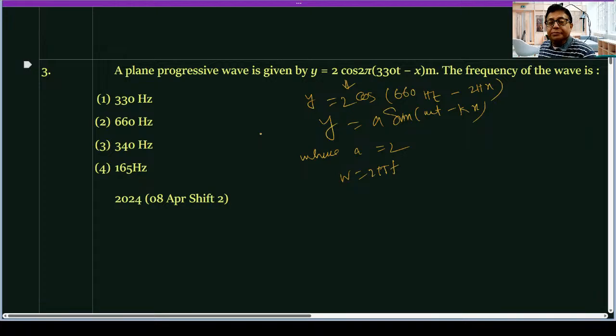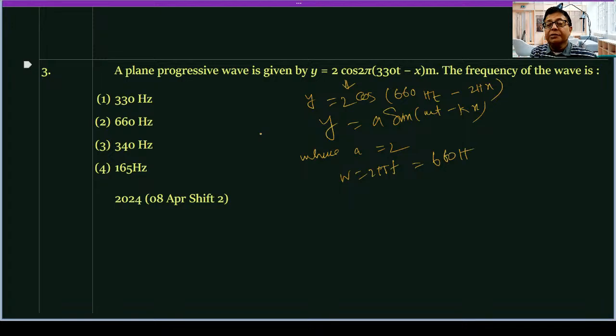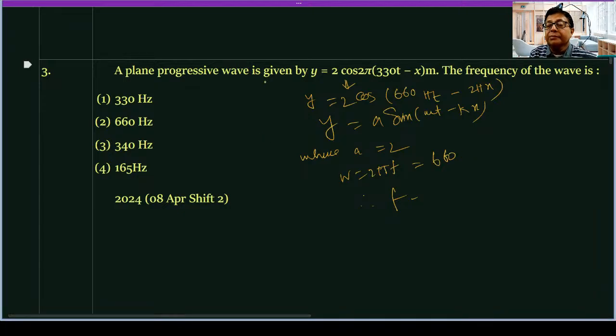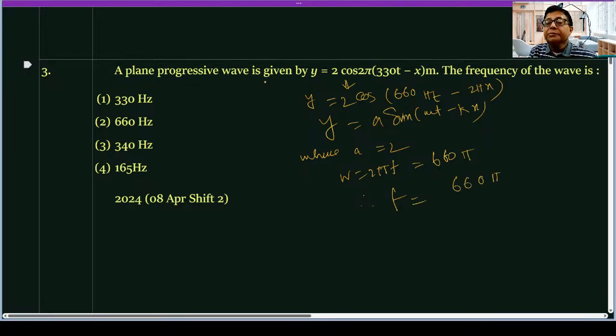2 pi x is there, but how to compare these two? What does omega stand for? Omega is 2 pi f, that is 660 pi t. So f will be what? This divided by 2 pi.